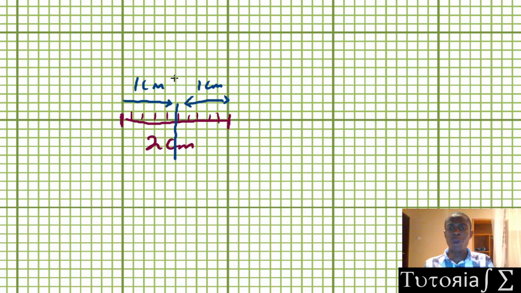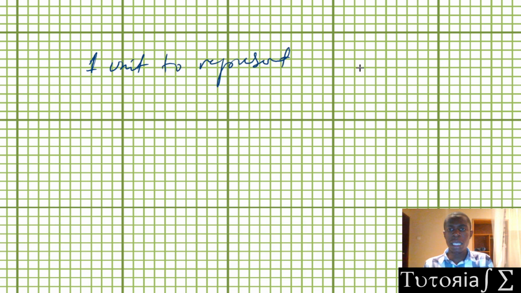Now suppose you're told to represent 1 unit to represent 2 centimeters, because you usually hear this. 1 unit to represent 2 centimeters, meaning that you should count in ones.